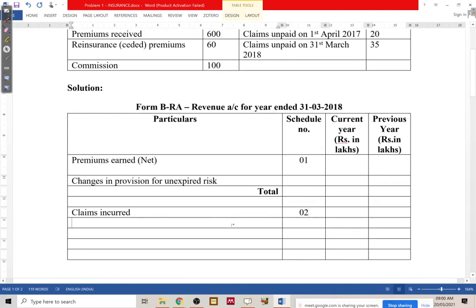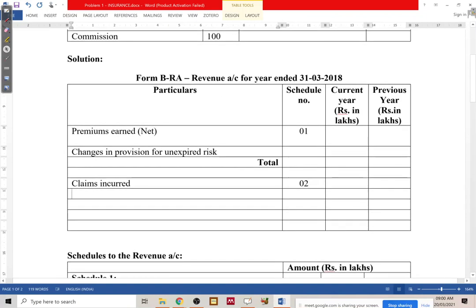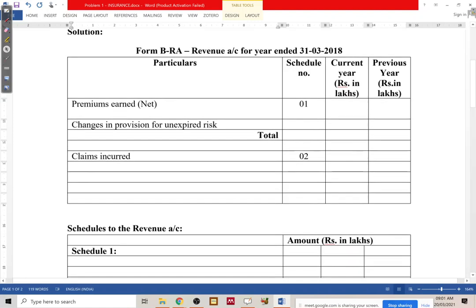If you have paid claims to your clients, let's say somebody did suffer loss or damage and claimed their insurance money back, then you have incurred claims, you have to make those payments to your clients and show this. It's a type of expense for the business. Next is commission.